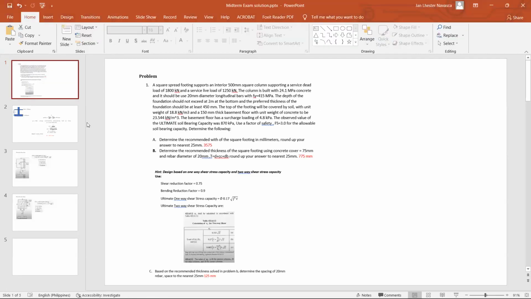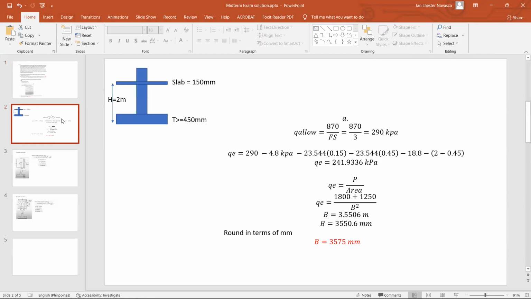Okay. So yung problem 1, ang sabi niya dito ay consolidate muna natin yung diagram of your footing. Okay, ang sabi dun sa footing, that is a square isolated footing with minimum depth of 2 meters below and a minimum thickness of 450 millimeters. Okay, so bakit meron siyang minimum thickness?